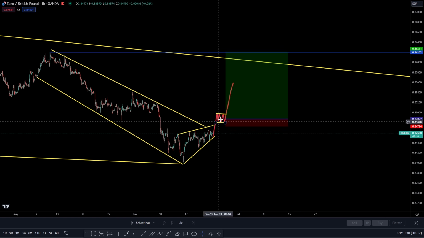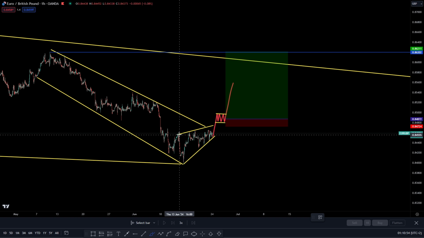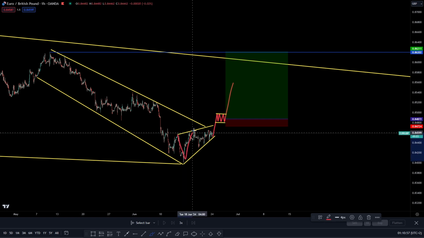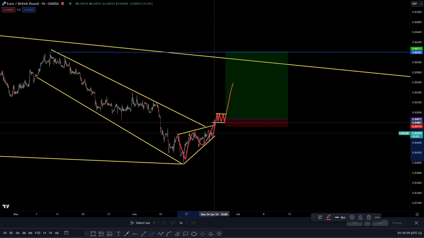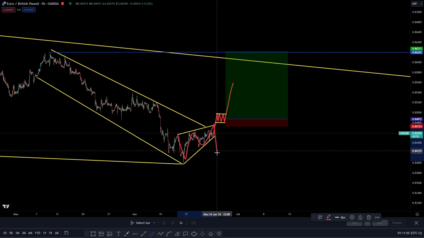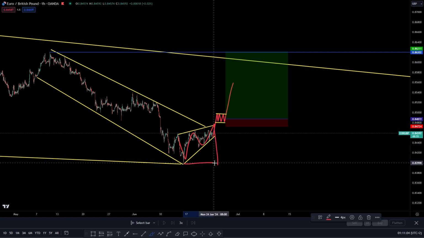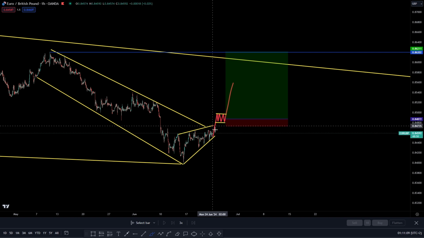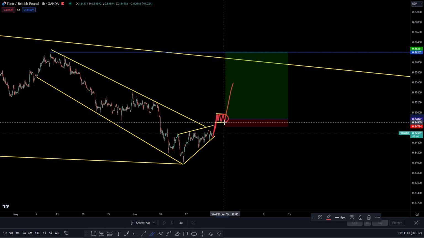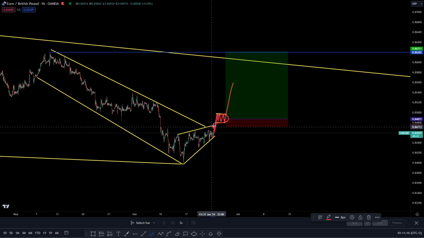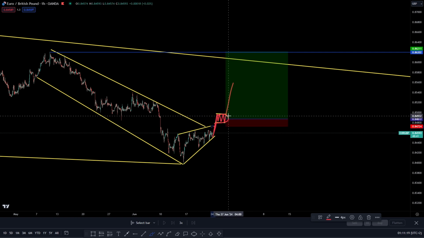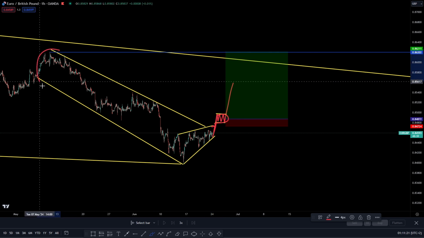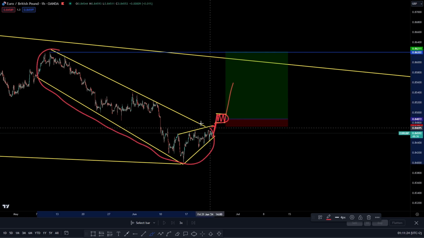Another reason why this is a better entry is, look at it this way. Here we have this correction. If this succeeds, then price should be coming down here, right? But if instead of the market coming down, the market pushes up and breaks above here, the third touch, and gives you a correction above, then it means we will be respecting this descending channel.